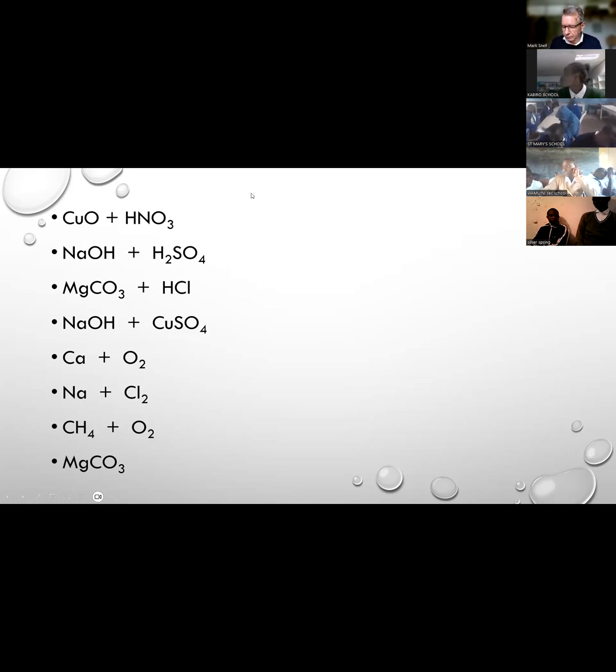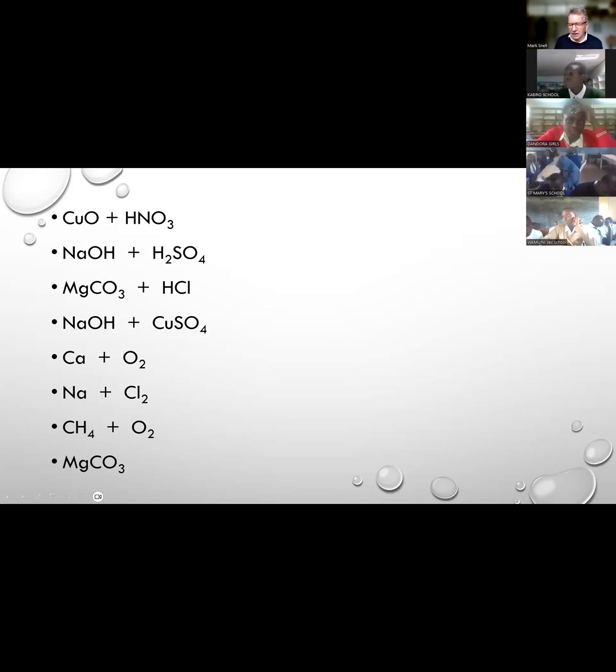So look at these equations here, and I'll just tell you what they're going to have. So the first one is going to be an acid and a base. The second one is an acid and again a base. So this might help you know what's happening. The third one is an acid, that's HCl, and a carbonate. The third one is a double decomposition.